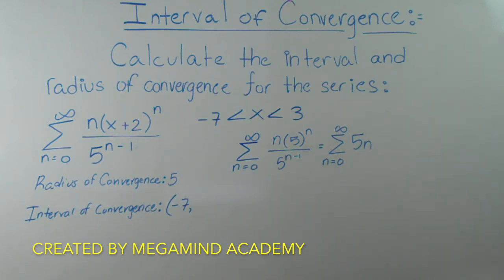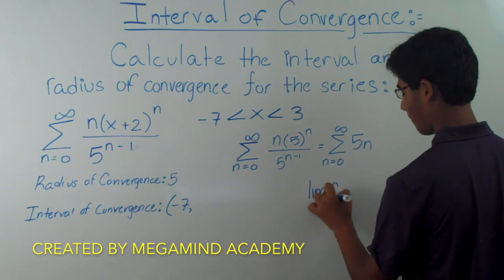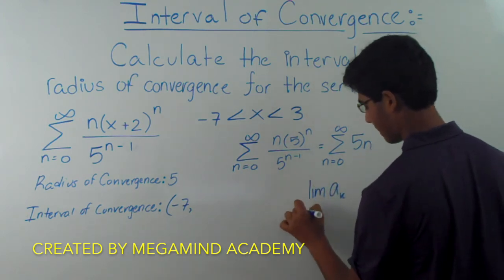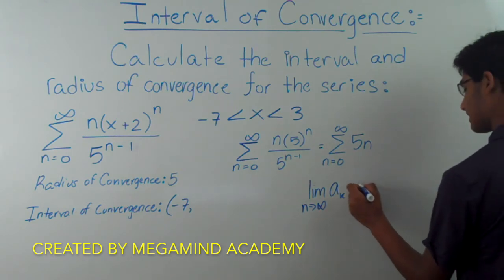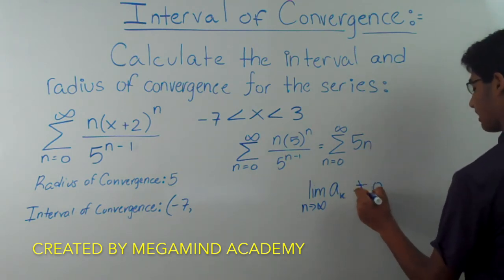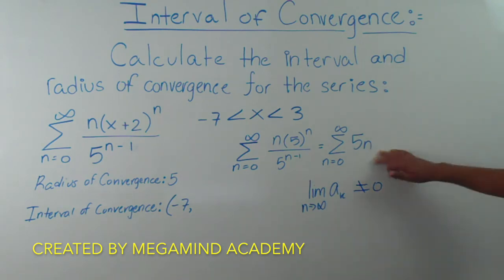So we can use the nth term test, or the divergence test, to figure out whether this is divergent. It says if the limit as n approaches infinity of a sub k is not equal to 0, then the series is divergent. So let's figure this out.